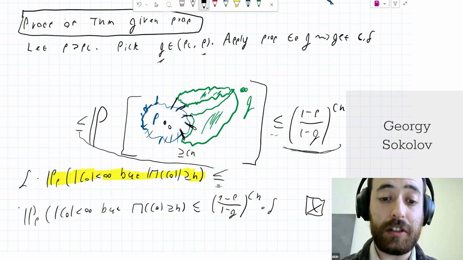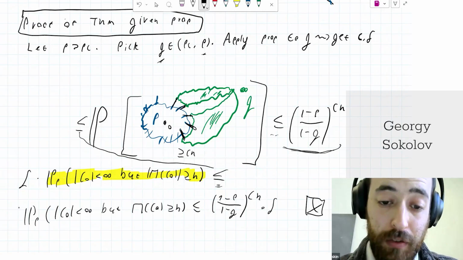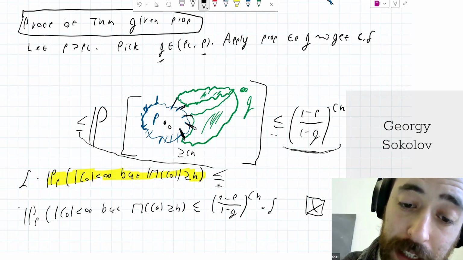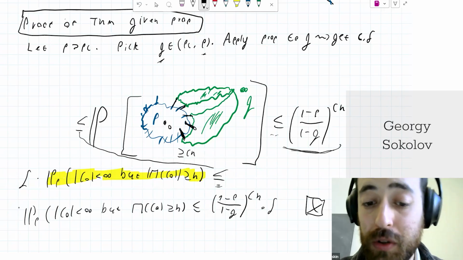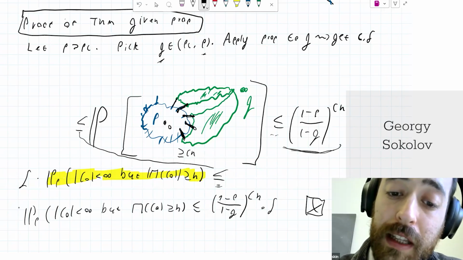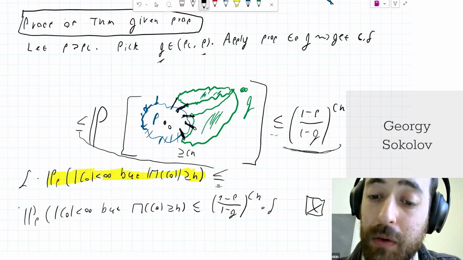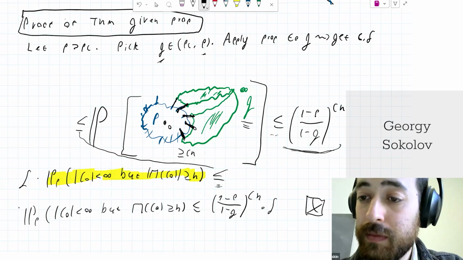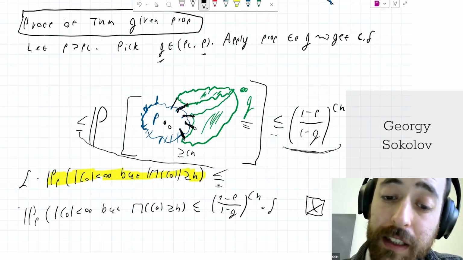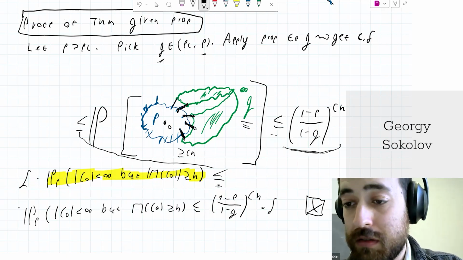Now, if this image is to occur, first of all, I will get exactly this thing, but when I reach these black edges, these touching edges, which I know there are at least cn of them, all I know is that they are closed in q percolation, right? I know this because I revealed the q cluster of infinity and they were closed.